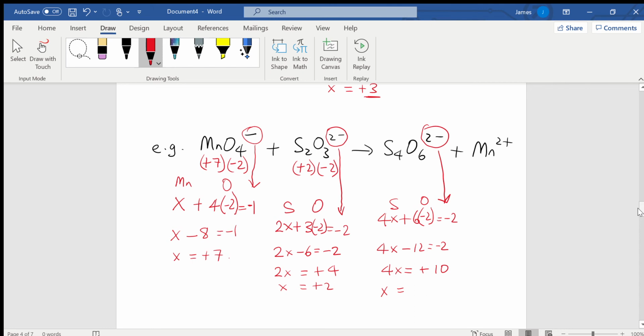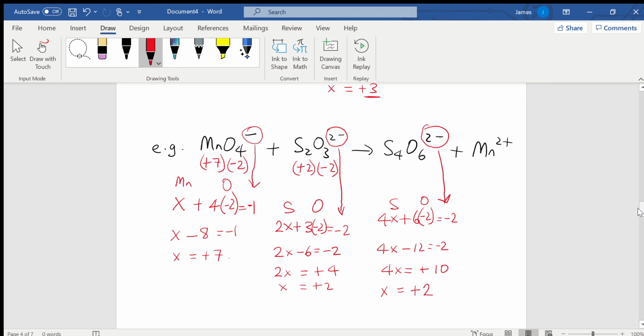You can't have a fraction of an oxidation state, but you can have a mixture of oxidation states that when averaged give you a fraction. Okay, so obviously if I divide 10 by 4, I'm going to get a fraction. So I'm going to get essentially a mixture.